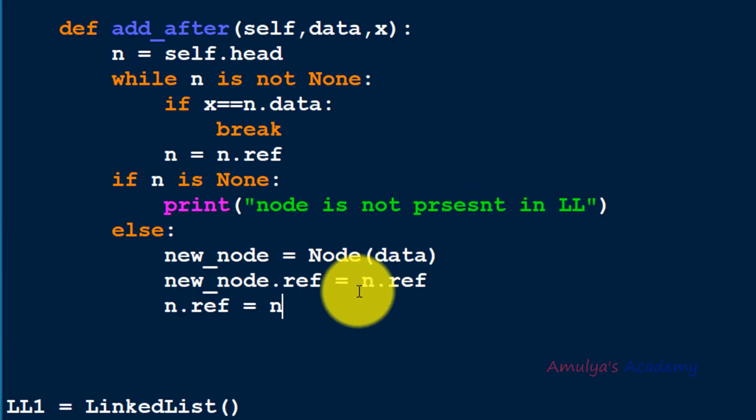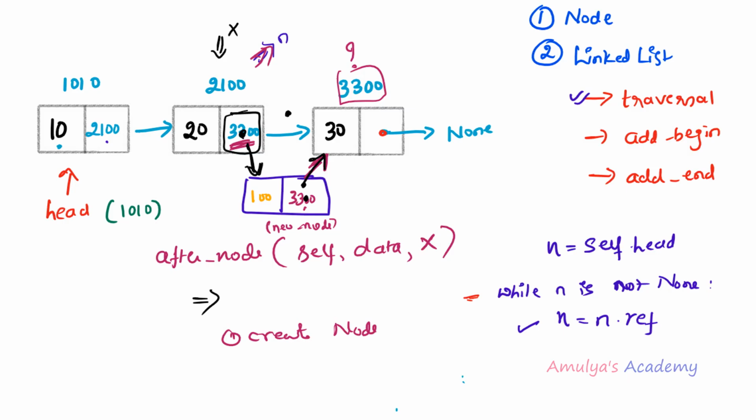Here, whenever we create a node, it will have a reference, right? For example, 5100. Now this node, the X or the n node, should contain the reference of the new node because we need to insert that after that. So for that, I'll take n.reference is equal to new node. The reference of the new node will be stored in n now.